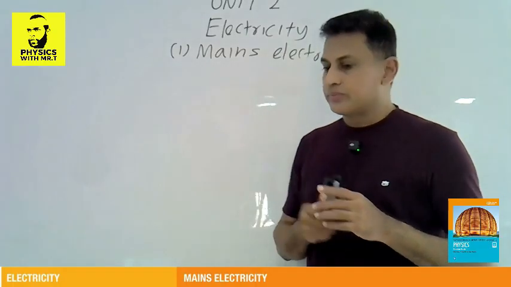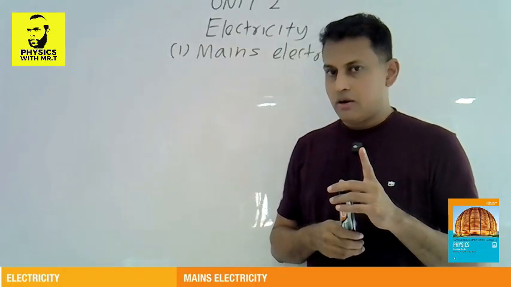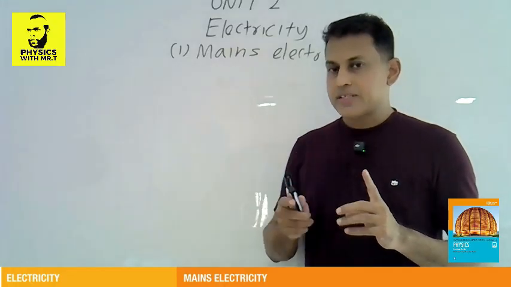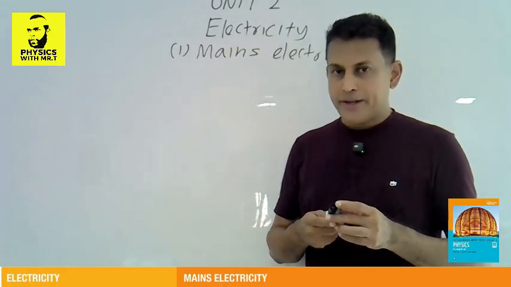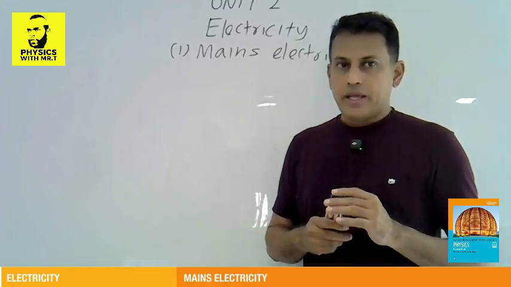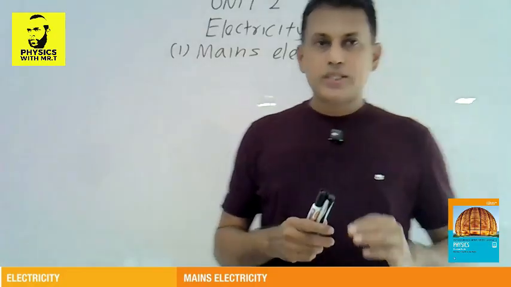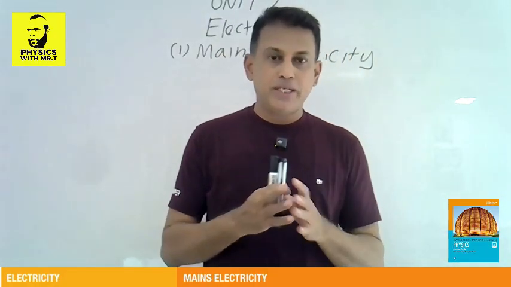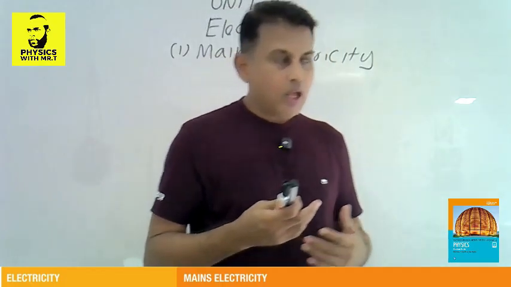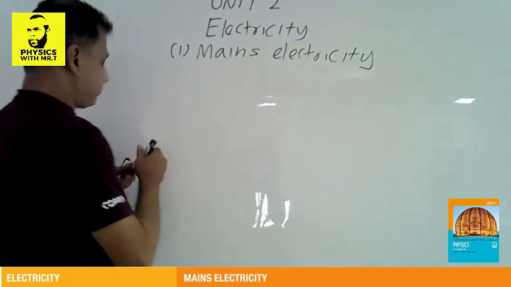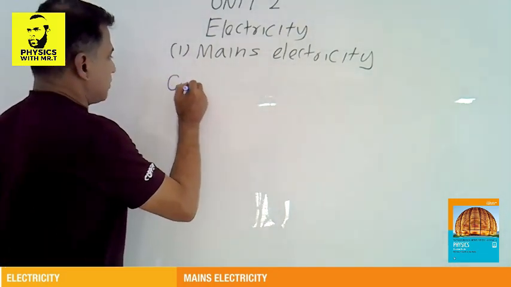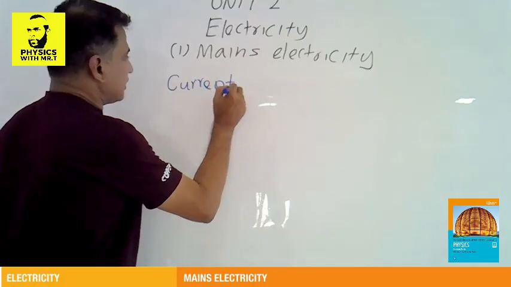Okay, now before we learn about electricity, we need to know one or two things, because these two things are very important to understand many concepts in electricity. So the first thing is current.